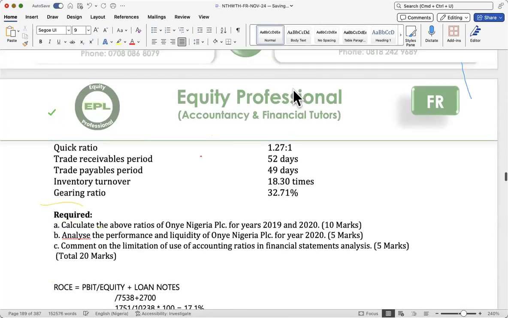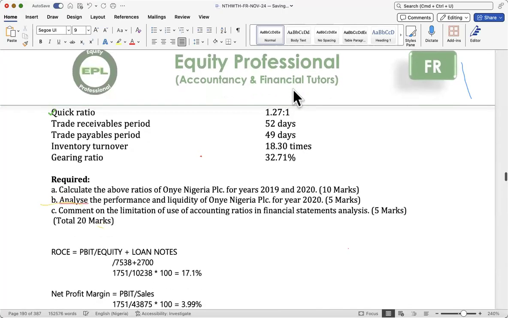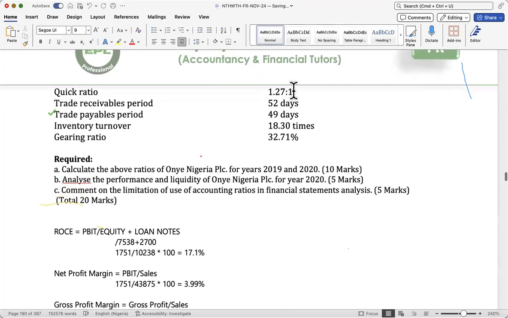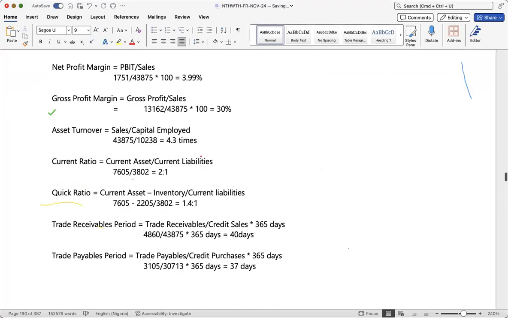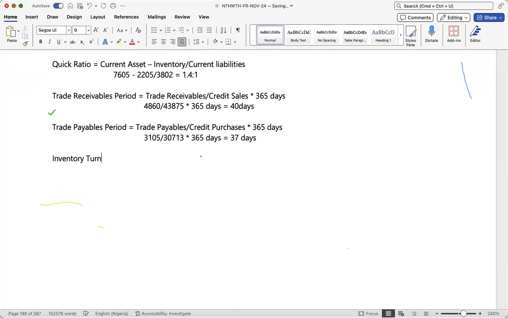Then what do we have left? Inventory turnover. So what's the formula for inventory turnover? As inventory over cost of sales, closing inventory, or average inventory.